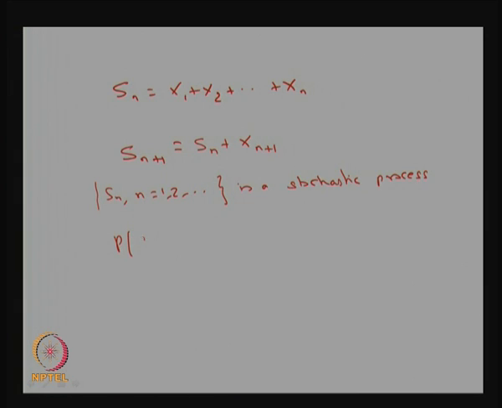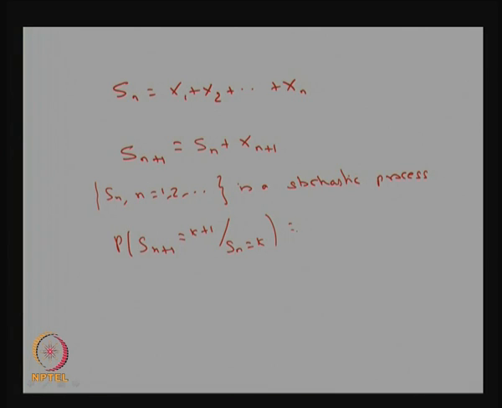Now we can come to the conclusion. The probability that Sn plus 1 is k plus 1, given that Sn was k, means the Sn plus 1 value has increased by 1.